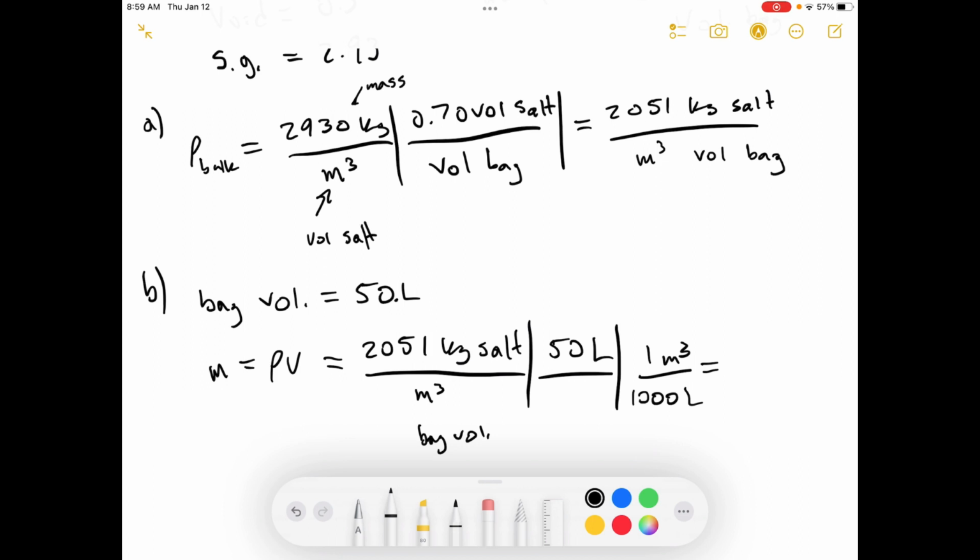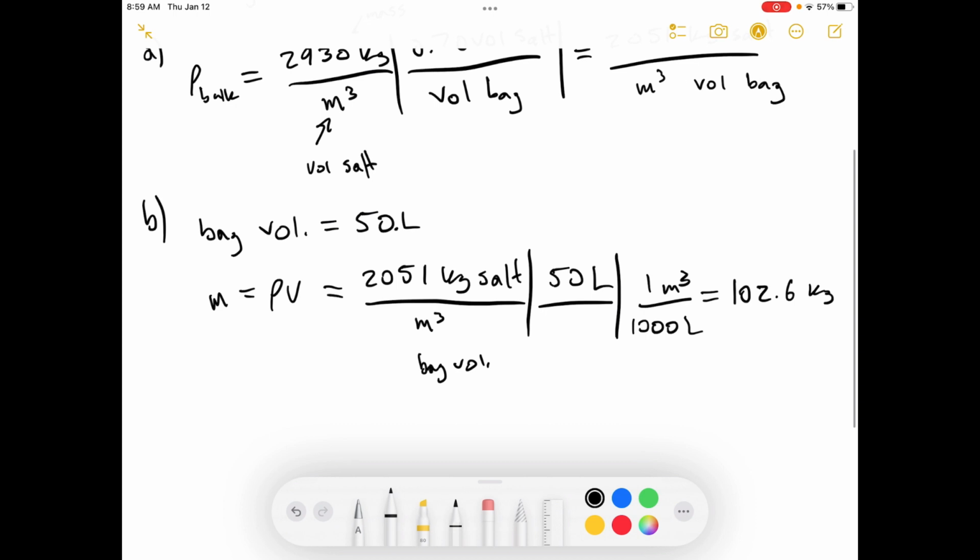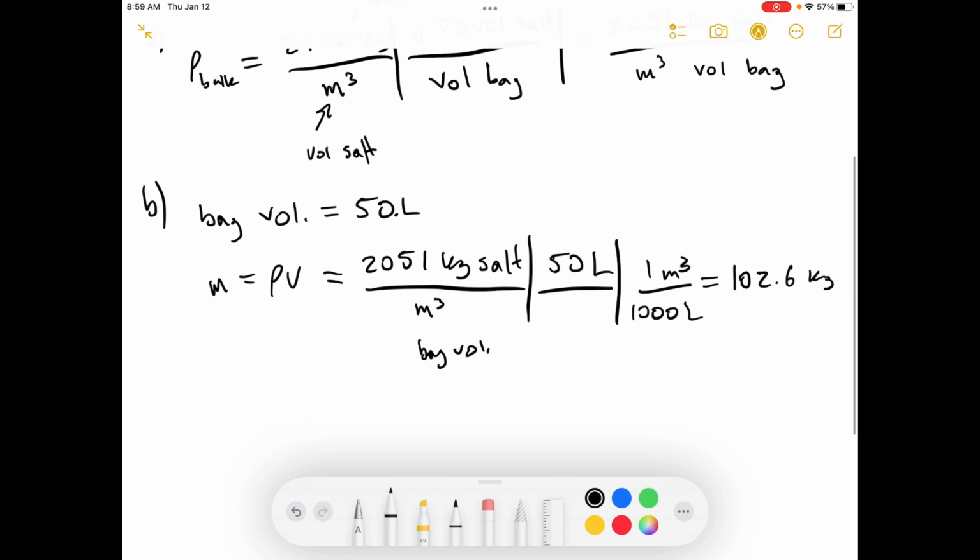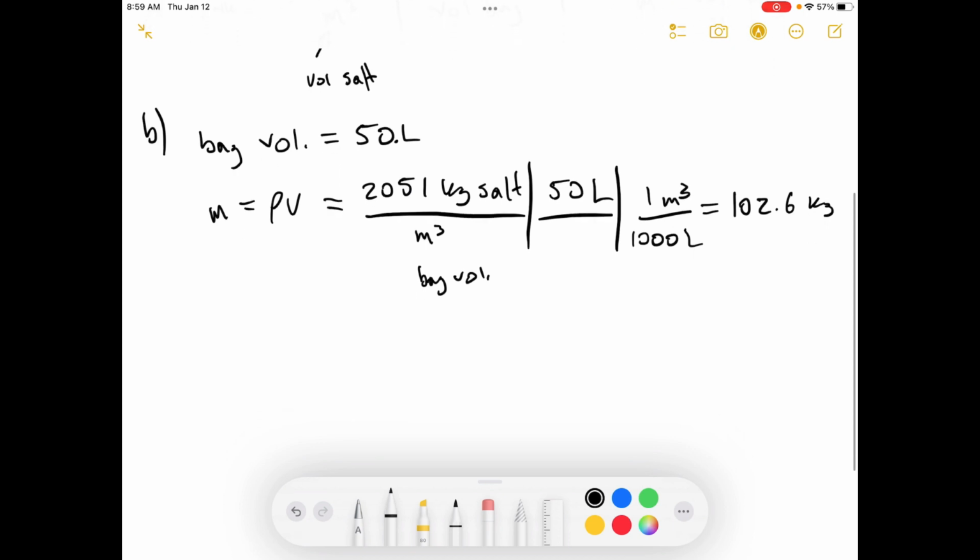Okay, so the total mass of the bag is 102.6 kilograms, but it didn't ask for the mass, it asked for the weight of the filled bag. So now we need to calculate the weight, which is mass times the acceleration due to gravity.